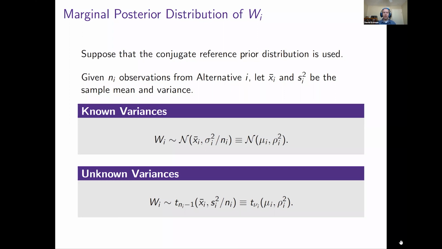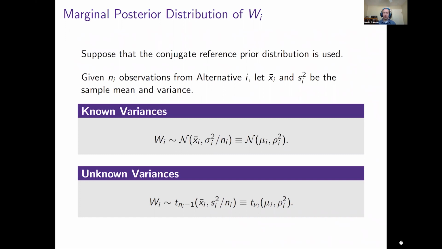So your maximum a posteriori estimator is going to be X bar I for that alternative, and your uncertainty about that alternative factors in the sample variance of each of the alternatives.